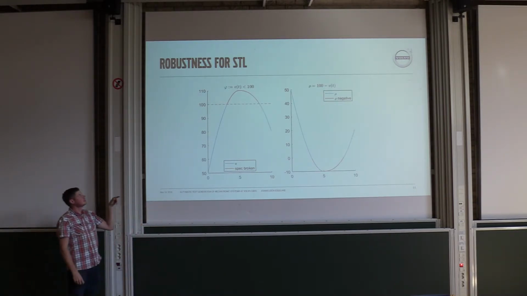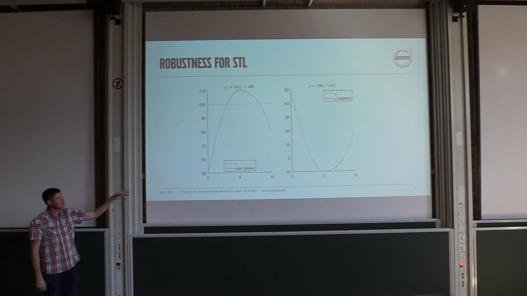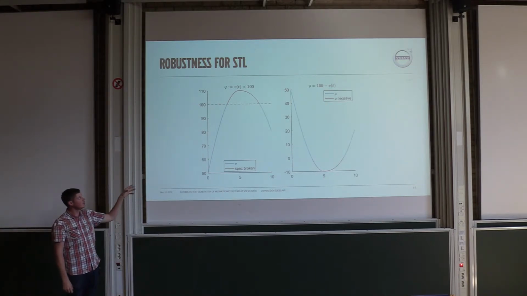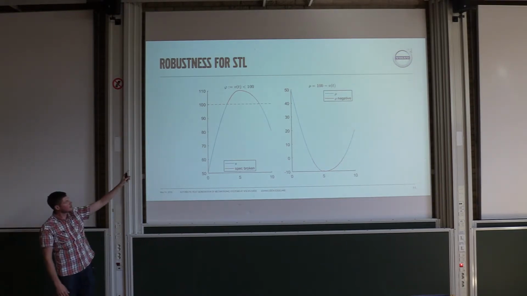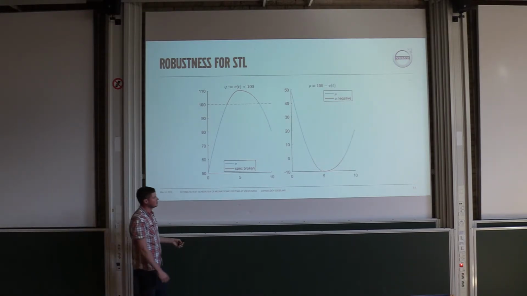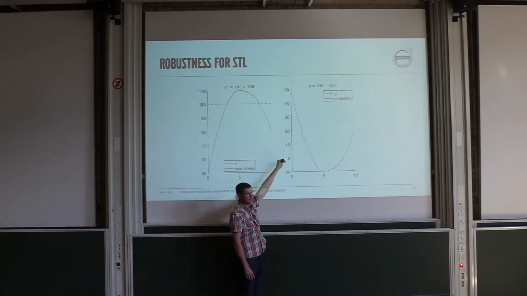I have marked in this graph where the specification is not fulfilled, where the velocity is above 100. Then the corresponding robustness value for this specification basically negates it and centers it around 0. So exactly whenever the specification is broken, that is exactly when the robustness value is below 0, which is here.